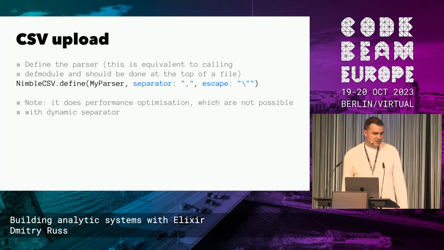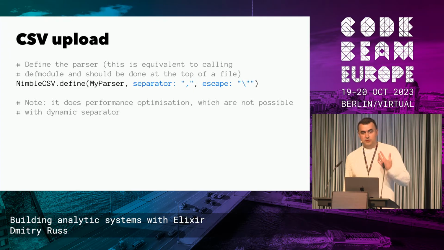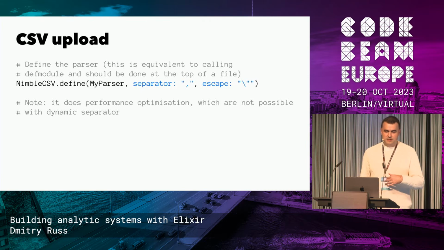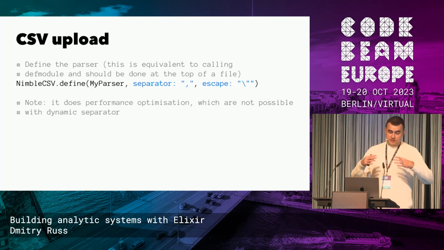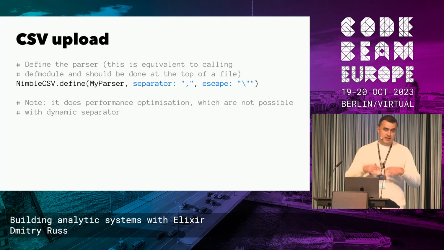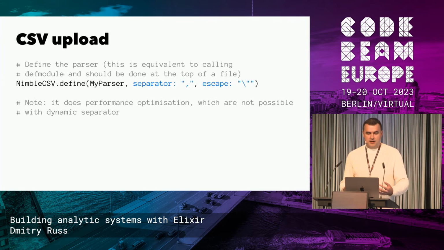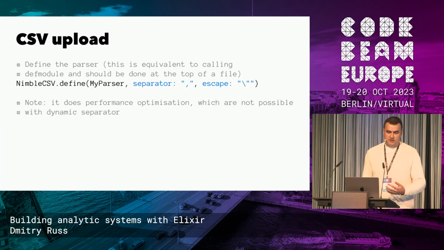How this looks with NimbleCSV: it defines a module for one separator, and it does this for a good reason. It does performance optimizations which are not possible with a dynamic configuration, at least not in Elixir.